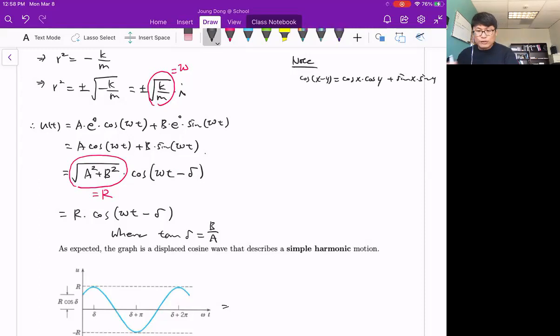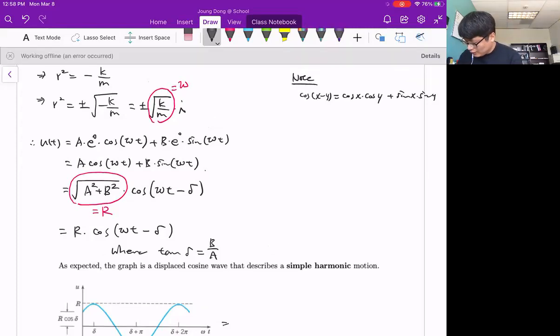We're going to use this formula for the final result, and compare it with my initial solution curve. So look at that.